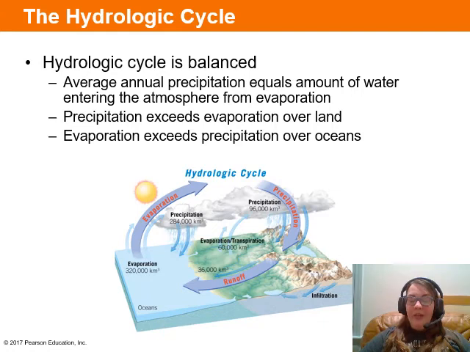If we look at our land, where it's just covered in rocks for the most part, these rocks don't hold a lot of water. So not a lot of evaporation occurs over land. But we'll see that on our land, we see more precipitation occurring instead. All of the water that evaporates from our ocean is generally going to be precipitated over our land. And then that water is just going to run off back to the oceans.